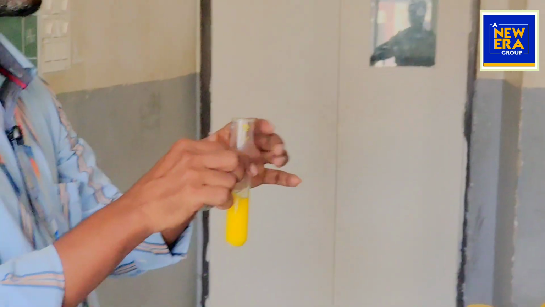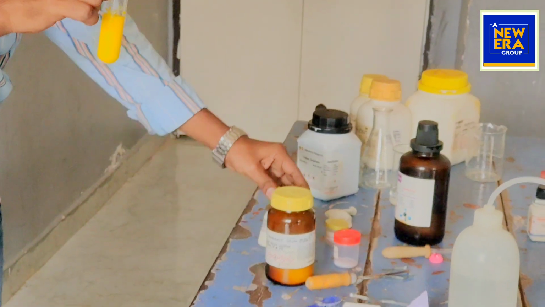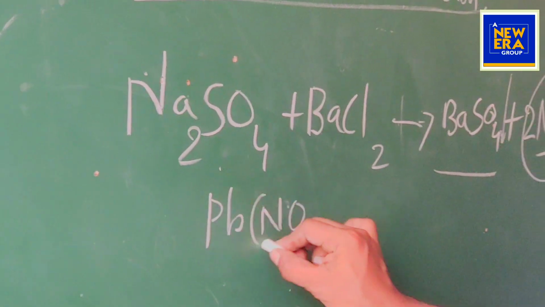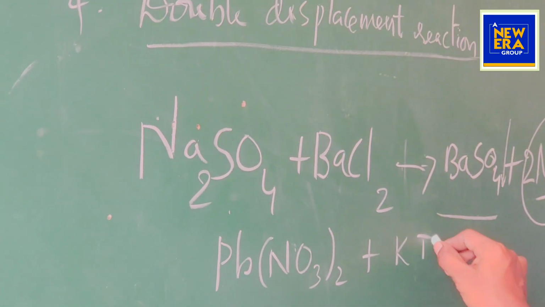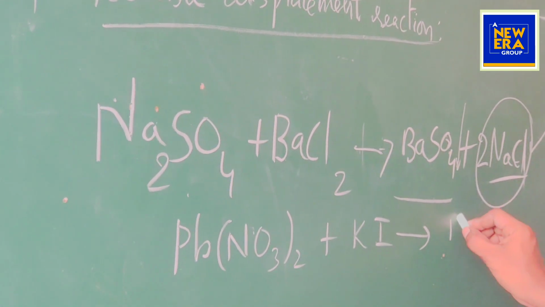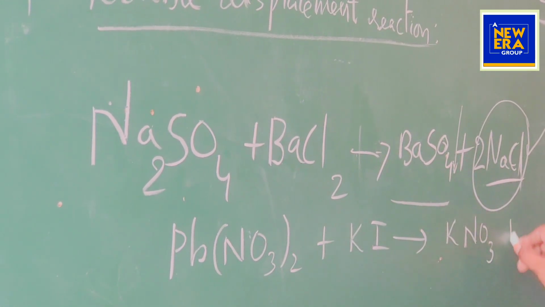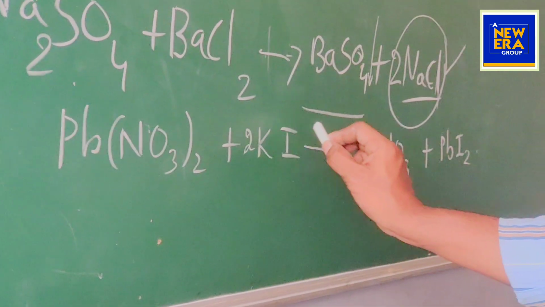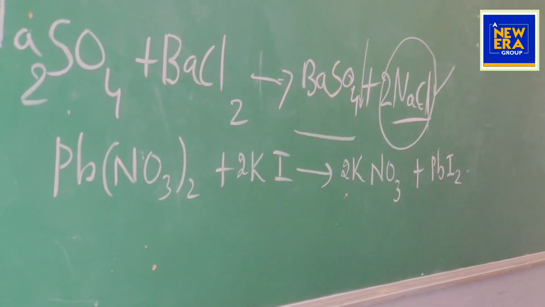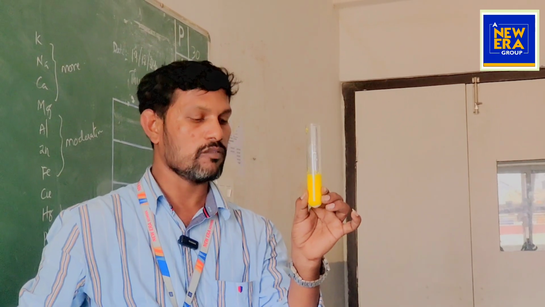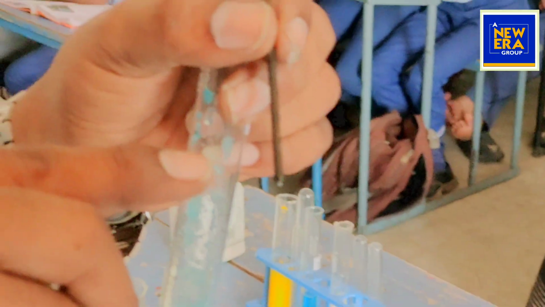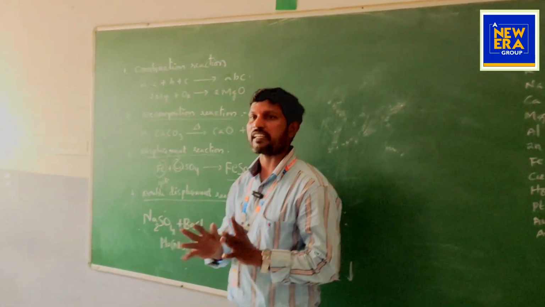What is that substance? While mixing lead nitrate and potassium iodide, lead iodide is formed, plus potassium nitrate, KNO3, plus PbI2. We have to take 2 moles to balance the chemical equation. The yellow color precipitate is lead iodide. A brown color layer is formed here because of copper. These are the 4 types of chemical reactions.